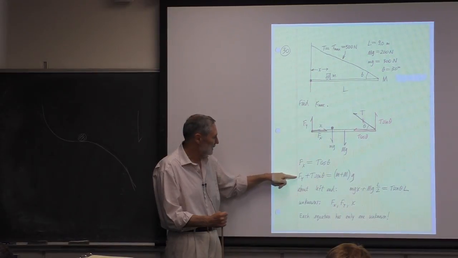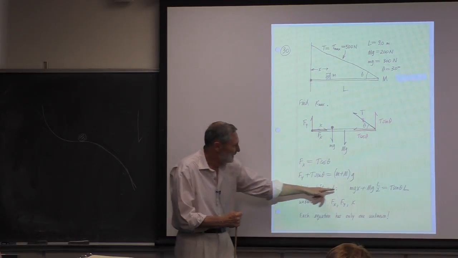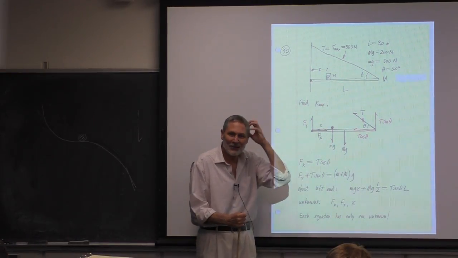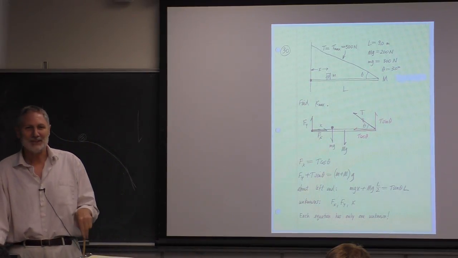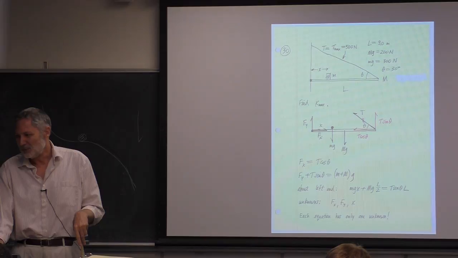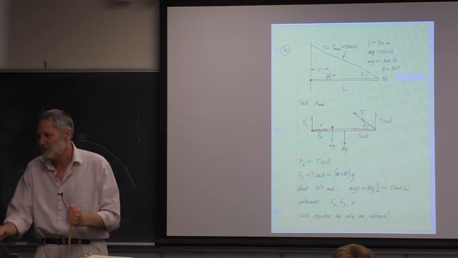One. And this? Just one unknown. So we don't have to do any simultaneous substitution. We just solve each equation individually for its individual unknown.